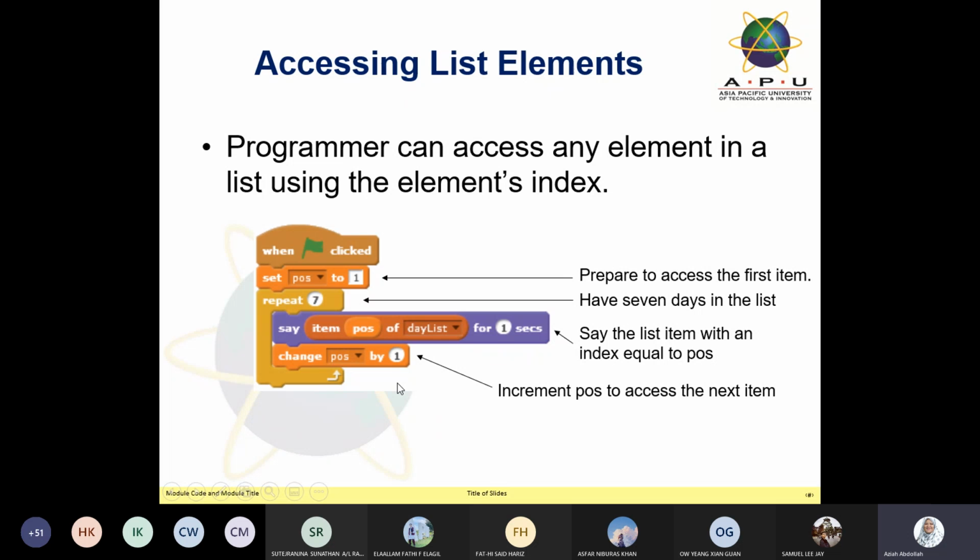So you get to display all 7 days of the week. This is how we access the elements of the list. Okay, guys. Clear? Yeah, clear.